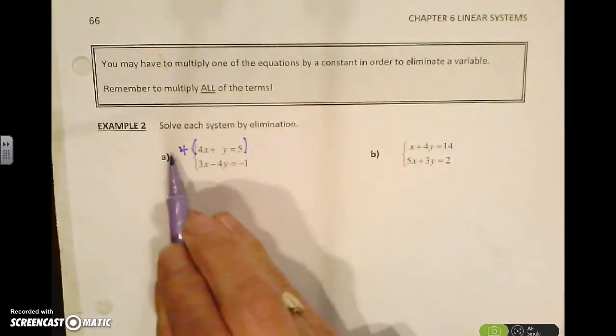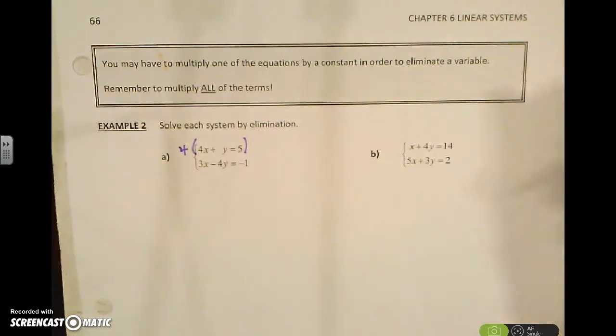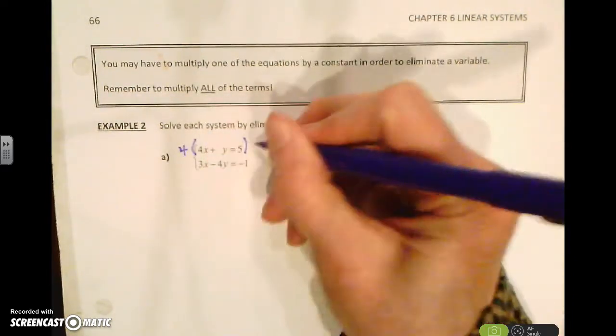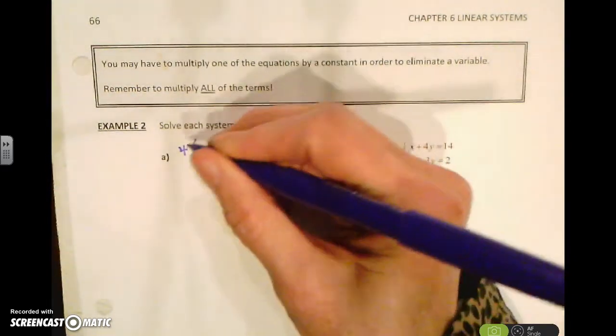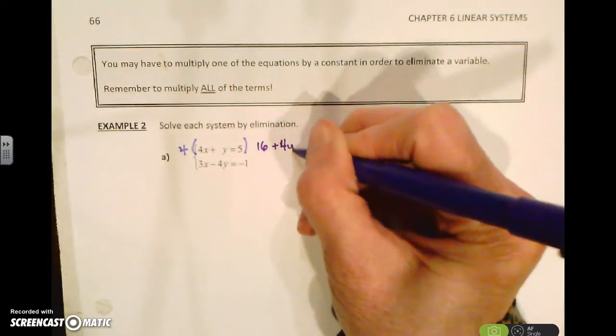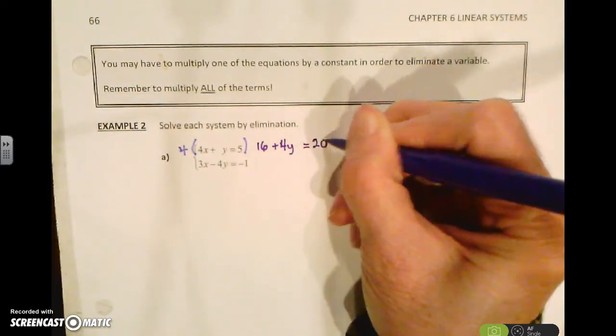Now when I do it, I'm going to multiply through every single term, just like when we're eliminating fractions. And when I do that, I'm going to get 4 times 4x is 16x, 4 times y, so it's going to be plus 4y, and then 4 times 5, so it's going to be equal to 20.